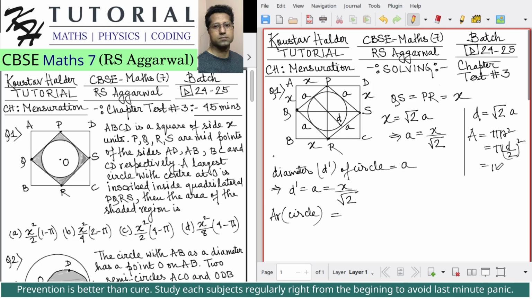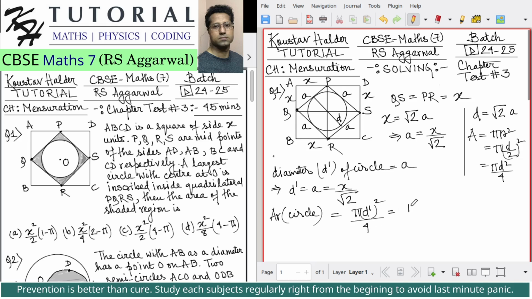So this is equal to pi d square by 4. So the area of a circle in terms of diameter is pi d square by 4, where d is the diameter. So we can say that the area of the circle will be pi d dash square by 4.